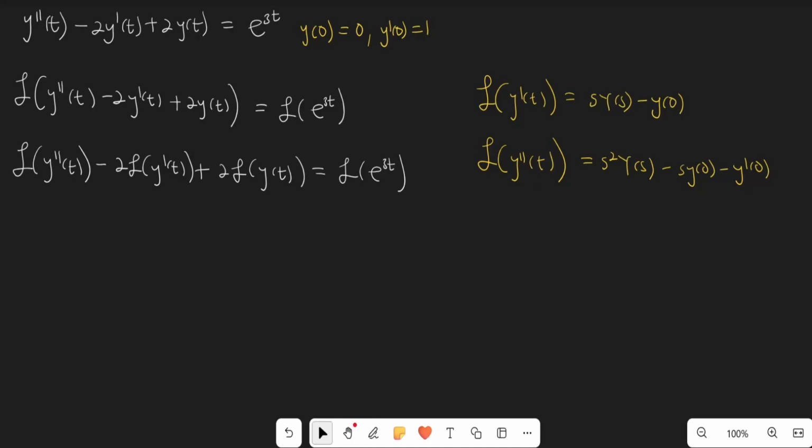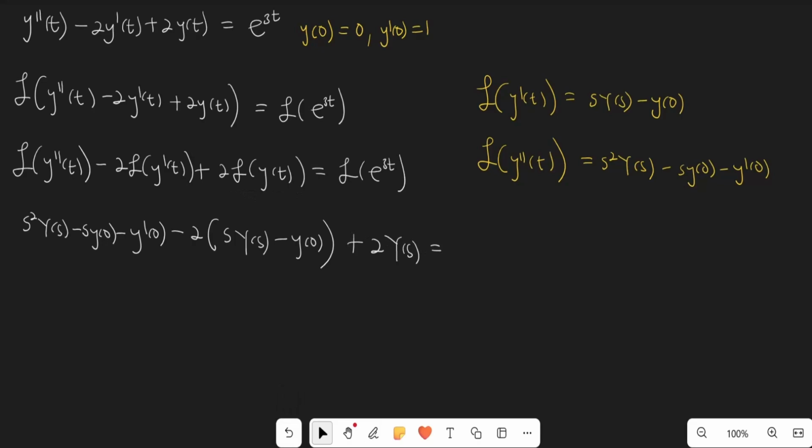The Laplace transform of y prime prime of t is s squared times Y of s minus s times y of 0 minus y prime of 0, minus 2 times the Laplace transform of y prime of t, which is s times Y of s minus the initial condition y of 0, and now plus 2 times the Laplace transform of y of t, which is capital Y of s.